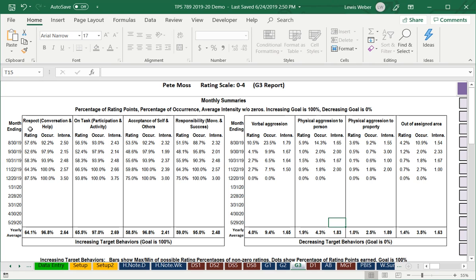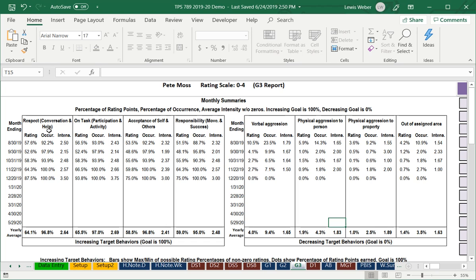If a student earns all fours, the student would earn 100% in this column. Of course, if the student earned all zeros, it would be 0%. So the range is 0 to 100, and it reflects the kinds of ratings that the student has earned. The more fours and the fewer lower ratings, the higher the percentage is going to go. Just a common sense approach on that.